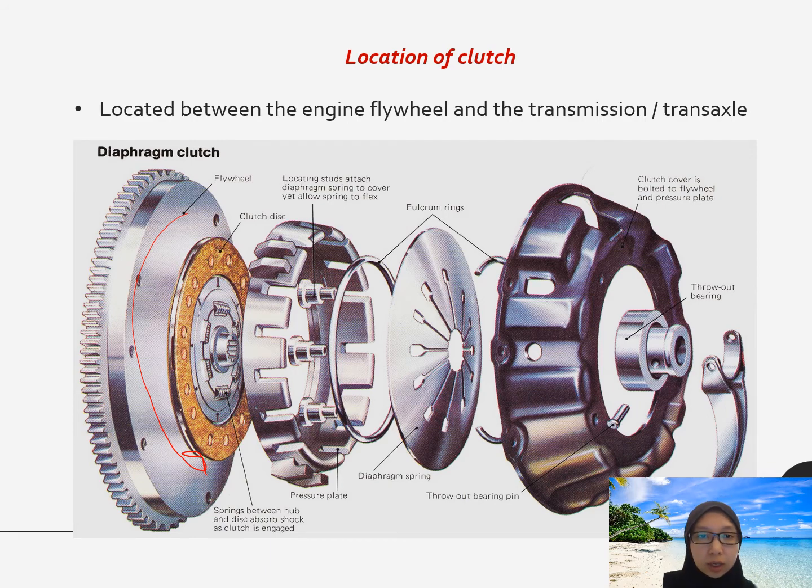You have this clutch disc that accomplishes the connection between the transmission and the engine. Other important components are the diaphragm spring and the release fork. When you press or release the clutch pedal, those are the main components that make the clutch engage and disengage from the engine.